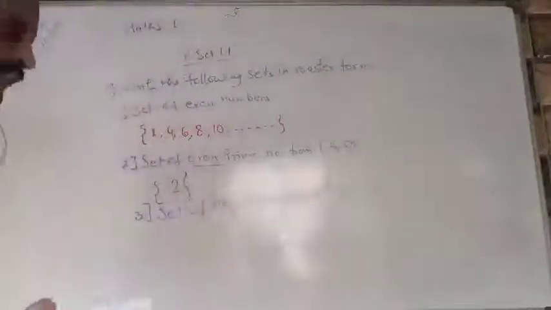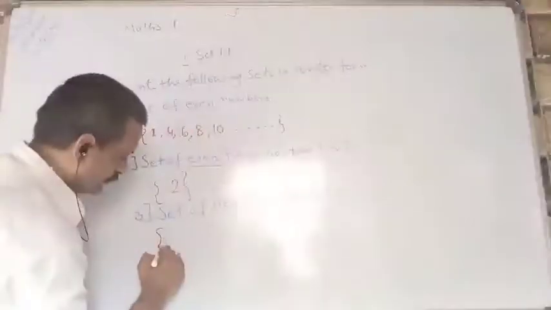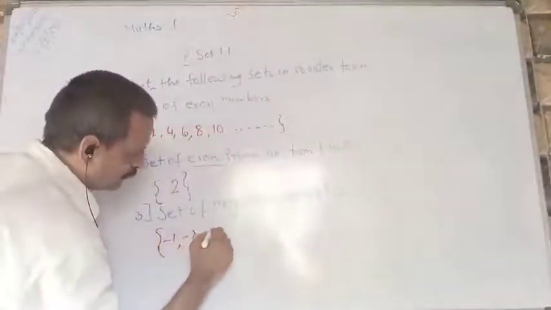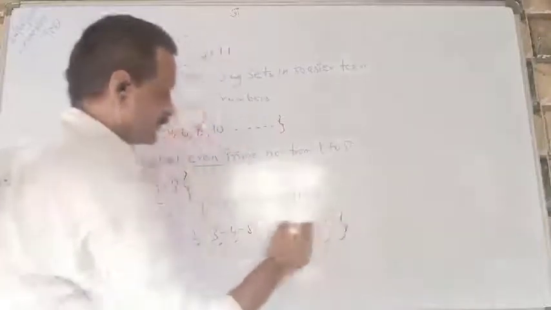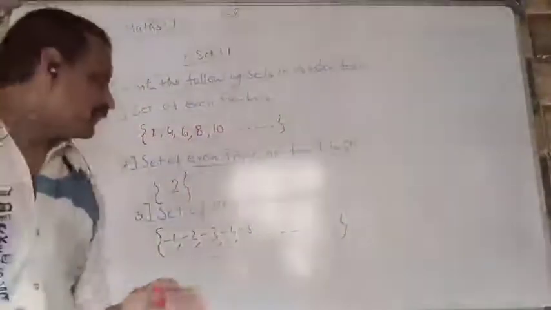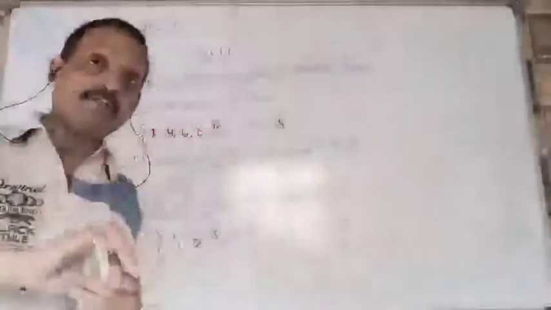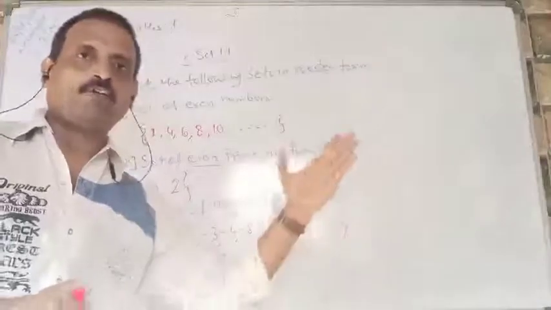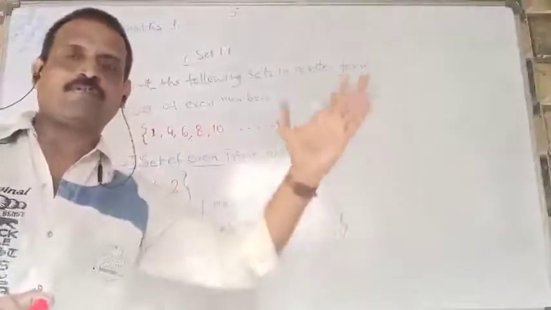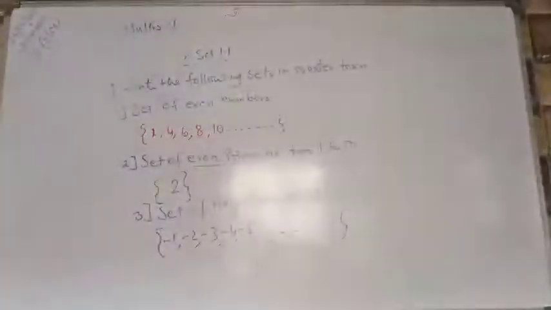We have many negative integers: -1, -2, -3, -4, -5 and onwards. Any minus number is a negative integer. And a positive integer means a positive number, a plus number: +1, +2, +3, +4 are positive integers.